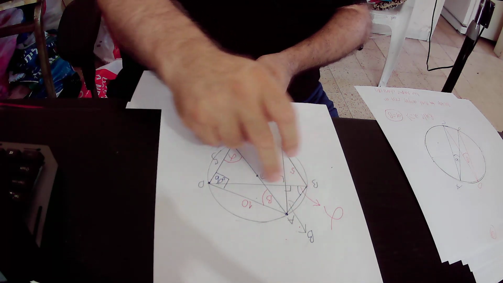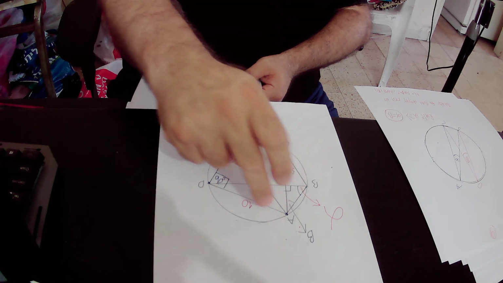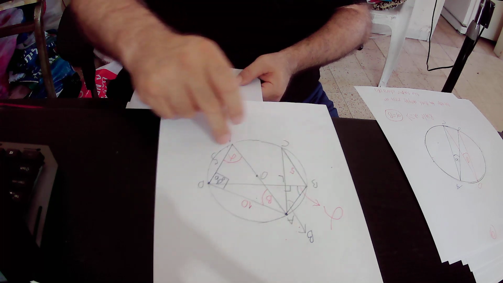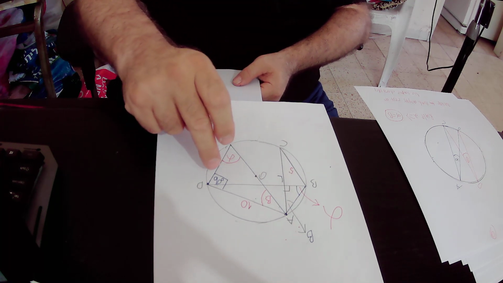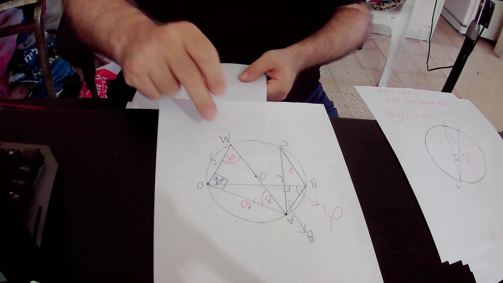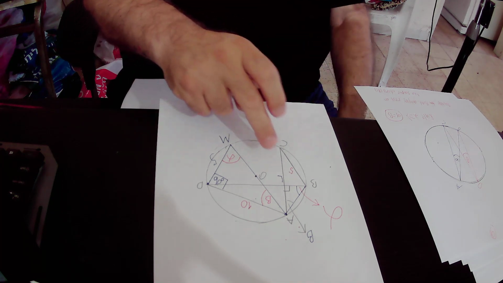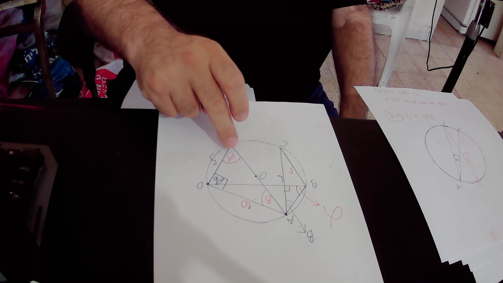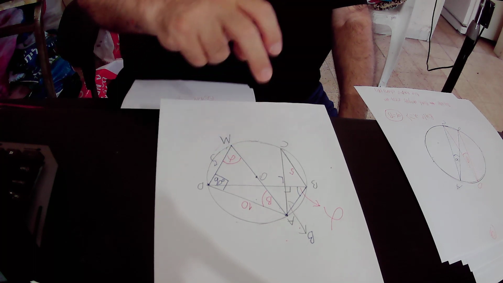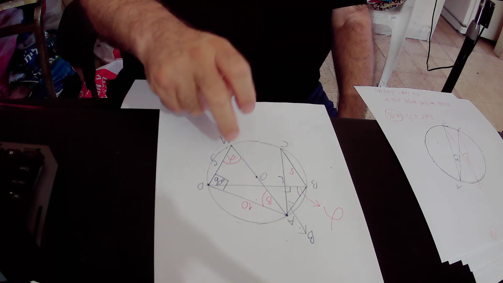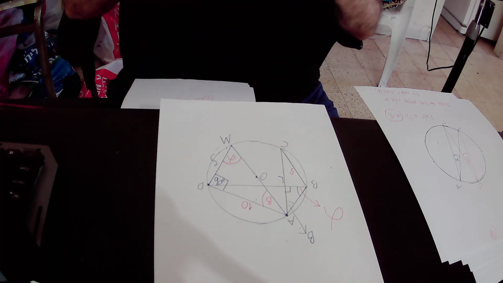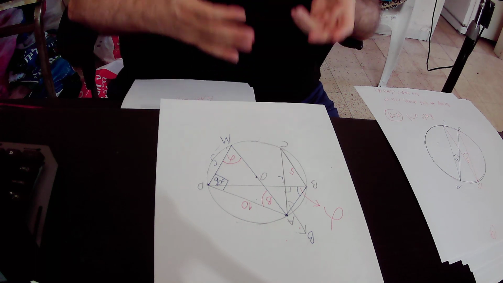Angle ABD rests on chord AD, and also angle AMD rests on the same chord AD. So we have two angles, angle ABD and angle AMD, that is angle alpha, that both rest on the same chord, on chord AD. For that reason, according to rule number 2, they are equal to each other.